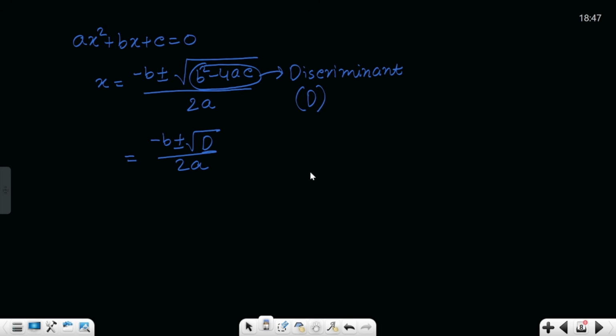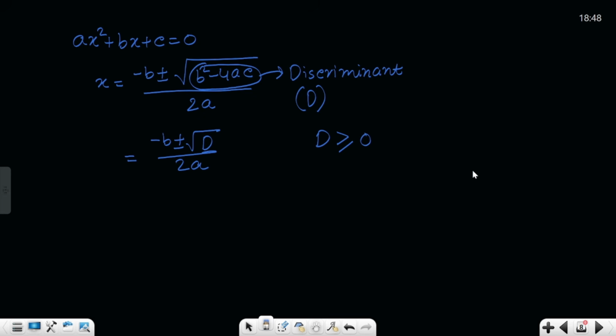Now, how does the discriminant decide the nature of the roots? Let's discuss. If d is greater than or equal to 0, you can see that b square minus 4ac is under the root.